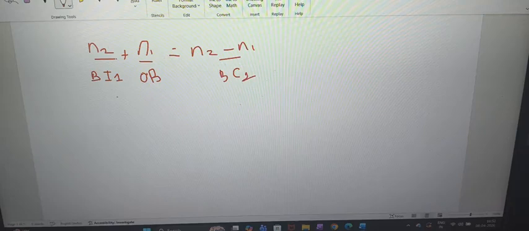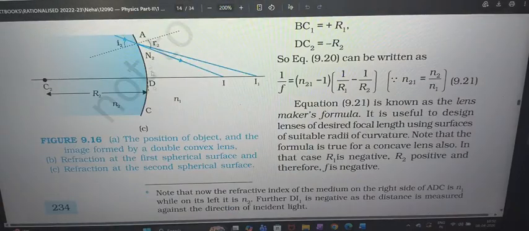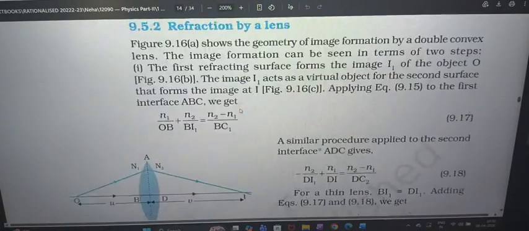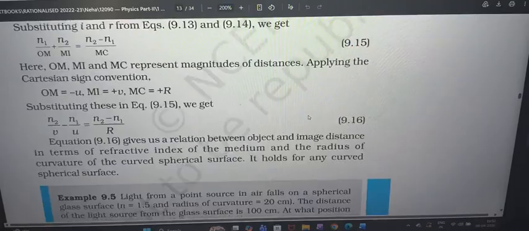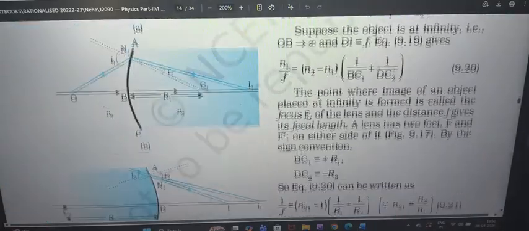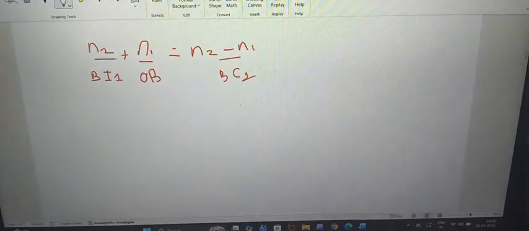Now for the second refracting surface, let us write. For the second surface, if you see, it is in this scenario, isn't it? Because we have derived it when the spherical surface was like this. Now it has become the opposite manner. So we will slightly change the formula over here. How will we change? We will just interchange this n2 and n1.